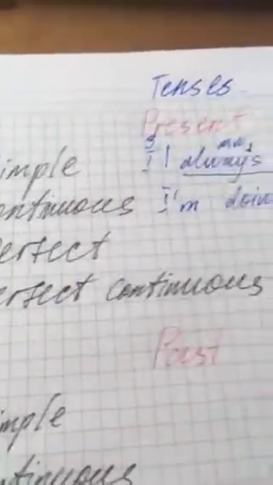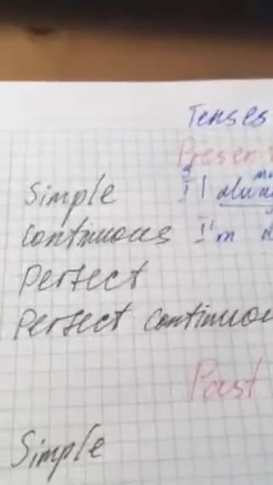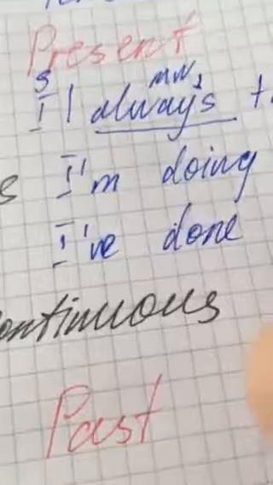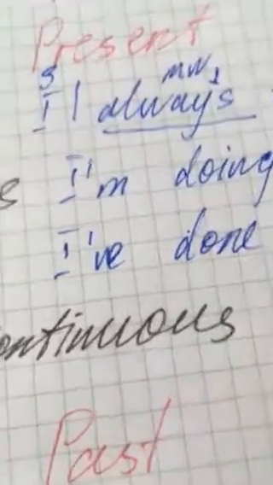Present perfect, well, that's a confusing one. Actually, it's present tense, but it tells us about situations in the past. For example, I have already done my homework. So that probably happened in the past. Why isn't it right here?